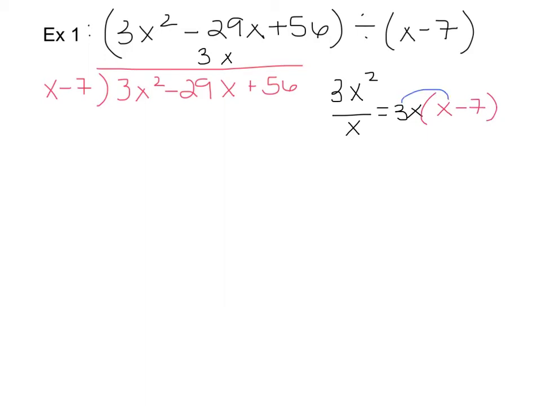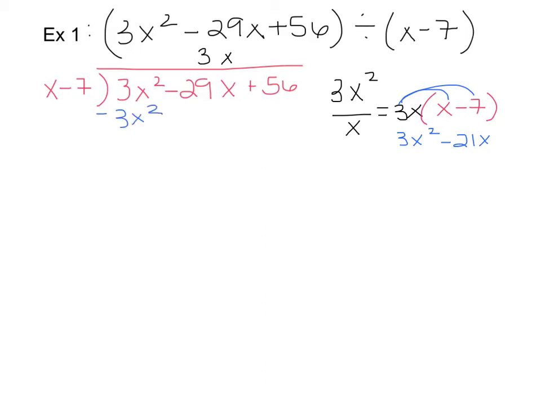So 3x times x gives me 3x squared. 3x times minus 7 gives me minus 21x. Okay, so I'm subtracting 3x squared and I'm subtracting minus 21x. So since I'm subtracting both of them, I must change both signs. So instead of positive 3x squared, it's negative 3x squared.